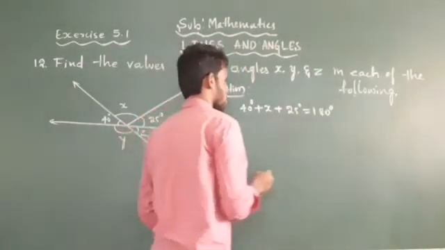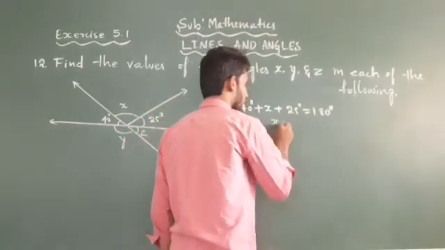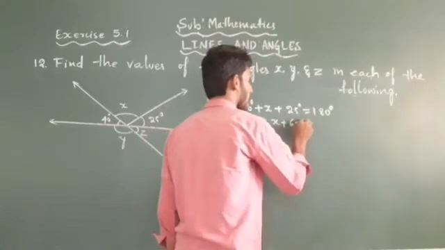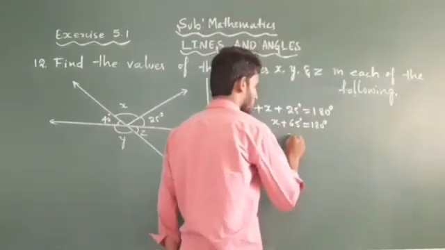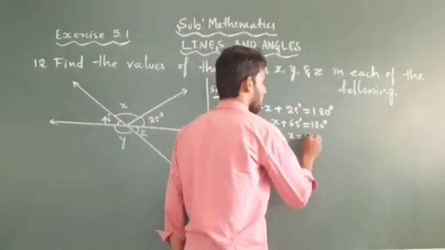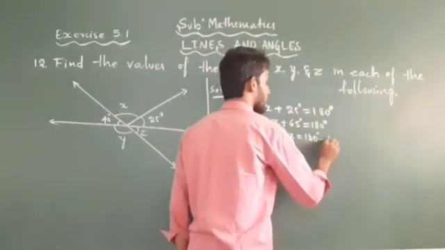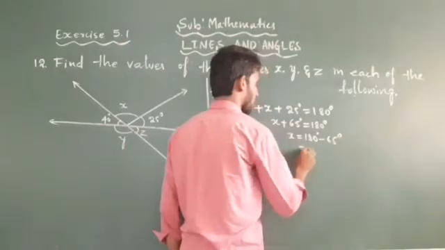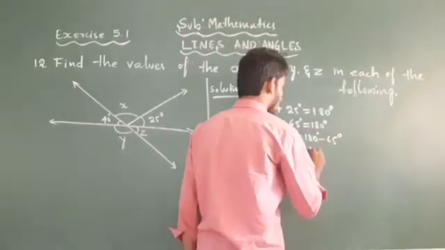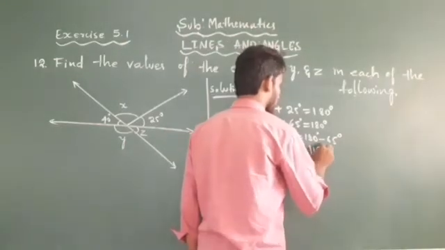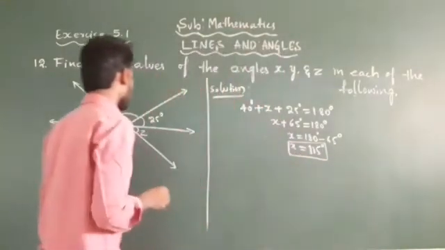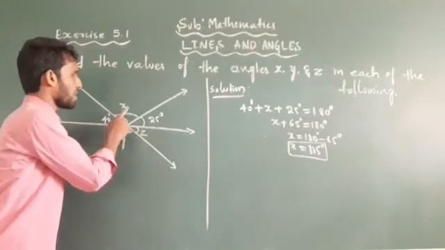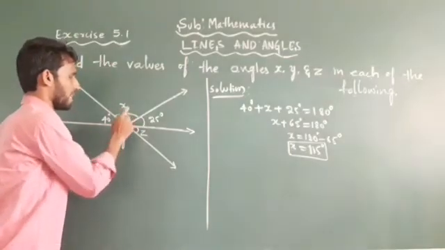When we add these two, we get x plus 65 degrees is equal to 180 degrees. When we shift from LHS to RHS, it becomes 180 degrees minus 65 degrees. When we subtract, we get 115. X value is 115.